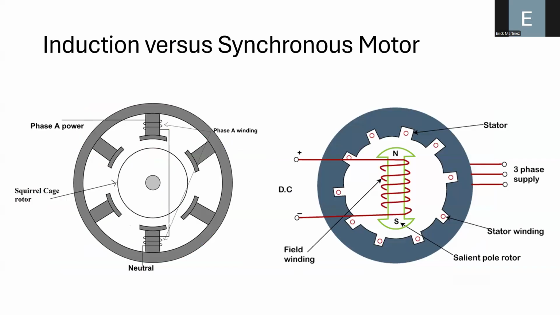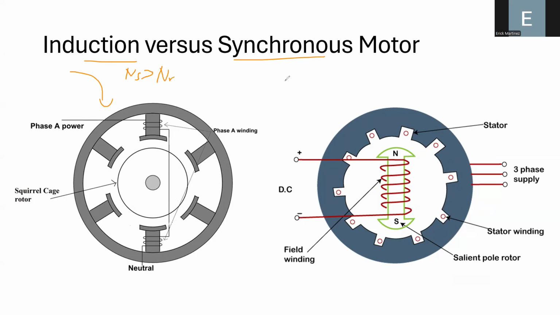Now, as I mentioned before, we have induction and synchronous motors. The general difference between them is that in the case of the induction motor, which is this one, the speed of the rotative magnetic field produced in the stator is greater compared to the speed of the rotor.